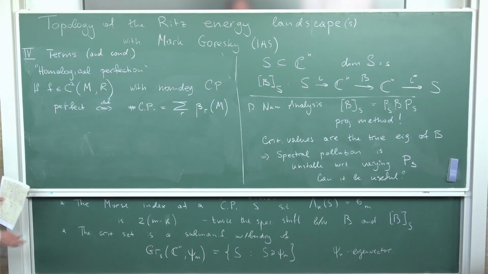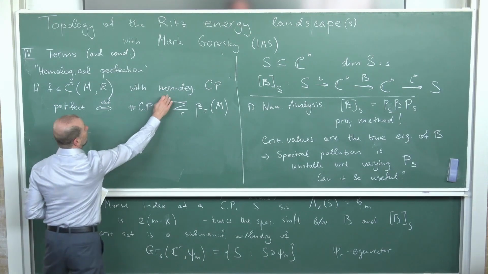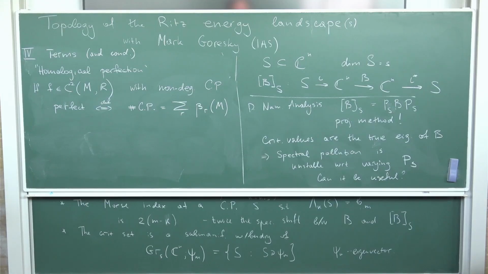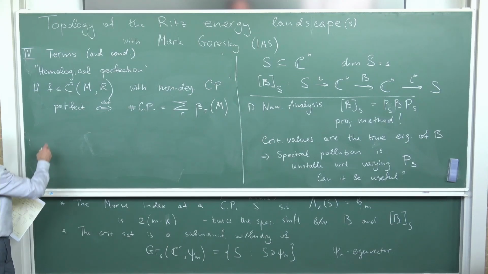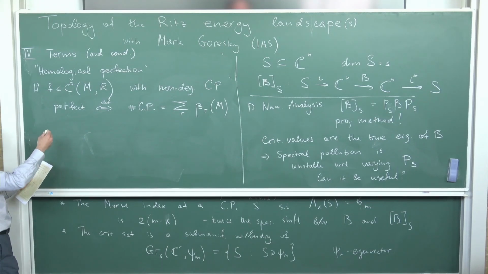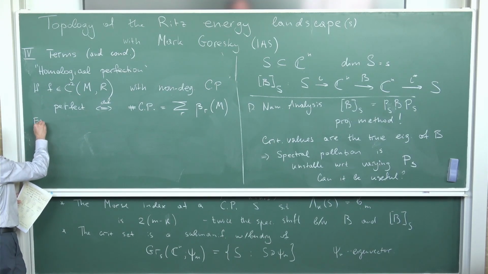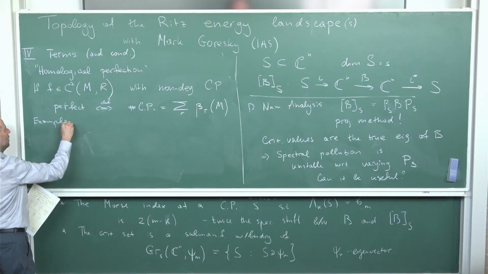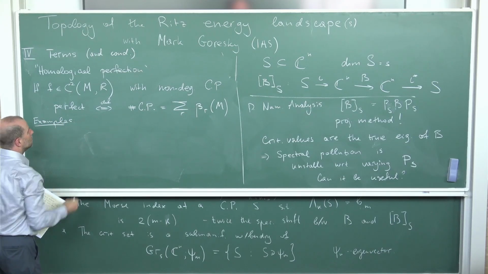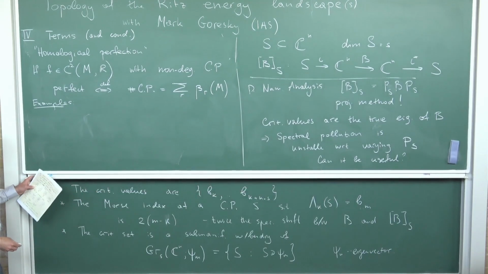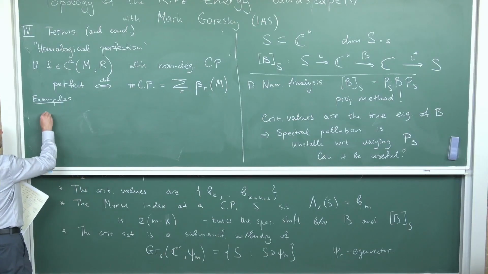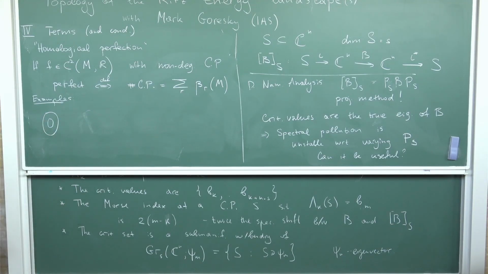Okay, we are not C2. The critical points are degenerate. So what can we deal with? Let's first look at some examples. A nice function on a torus, as is traditional. I'll consider the height as my function.